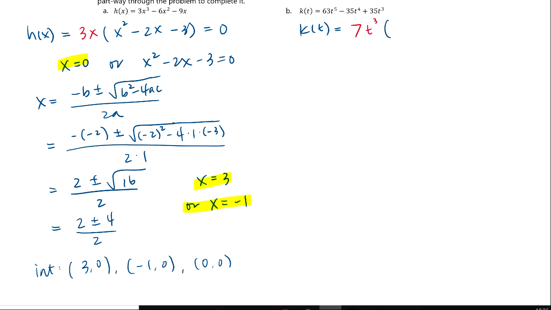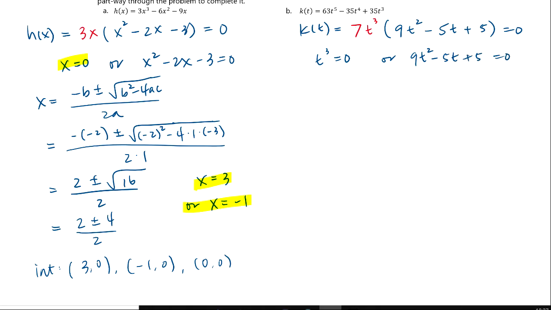Once we do so, 7 times 9 is 63, so I'm left with 9t squared, minus 7 times 5 is 35, so 5t, and then plus 5 over here. Once we do this, we get this equal to 0, and therefore either t cubed is equal to 0 or 9t squared minus 5t plus 5 is equal to 0.